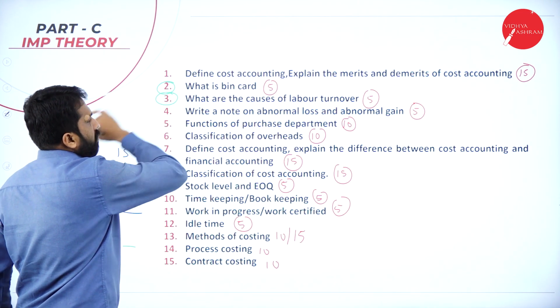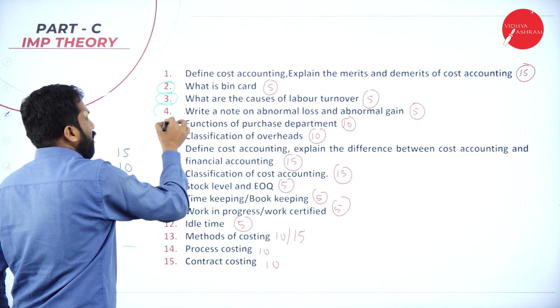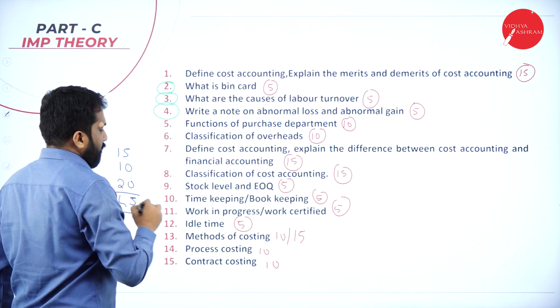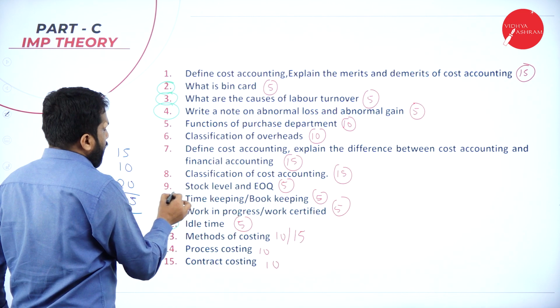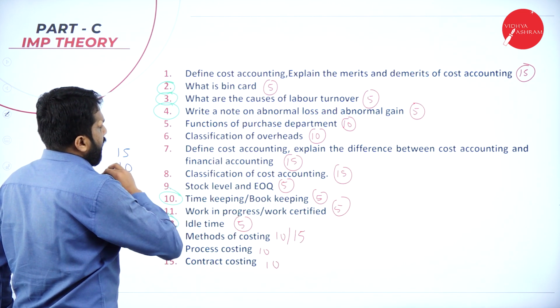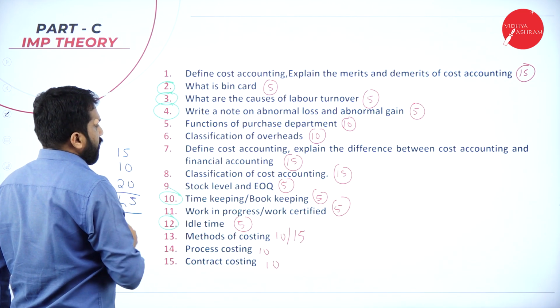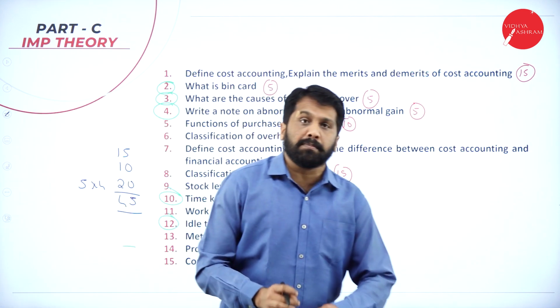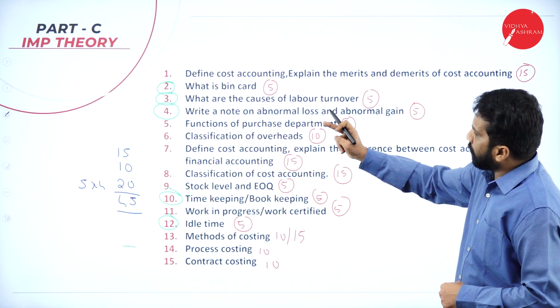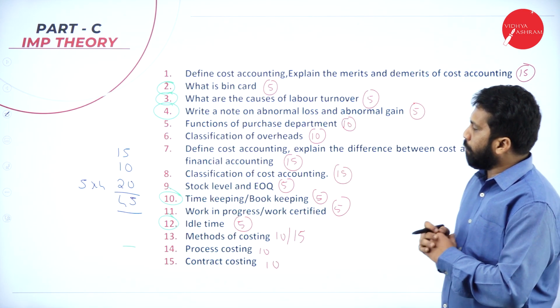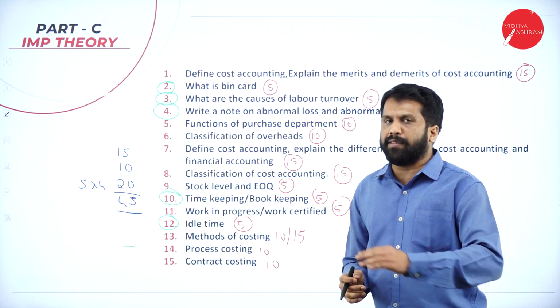Causes of labor turnover, abnormal loss and abnormal gain. Then what is idle time? What is timekeeping and bookkeeping? So these are the compulsory questions in your examination. Hardly I have taken 1, 2, 3, 4, 5. Out of 15, you have to study all 15.